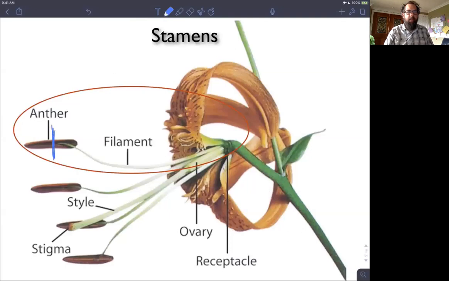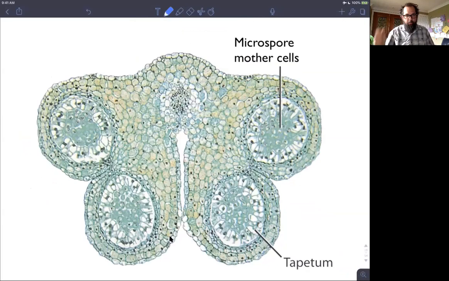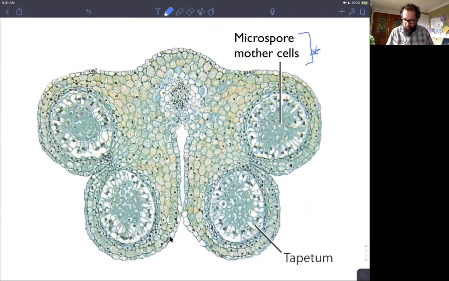And when we look at a cross section of that with the microscope, before meiosis occurs, we have microspore mother cells. And those microspore mother cells are surrounded by what we call a tapetum.